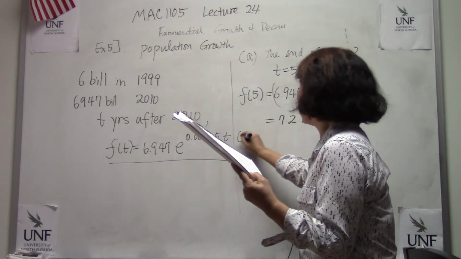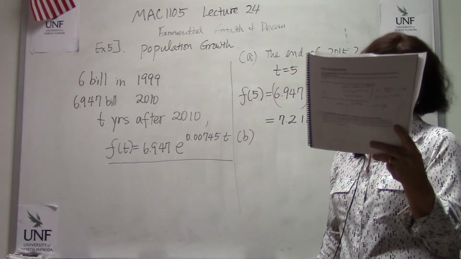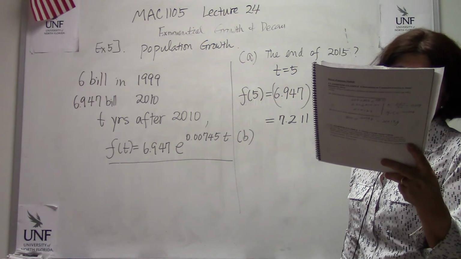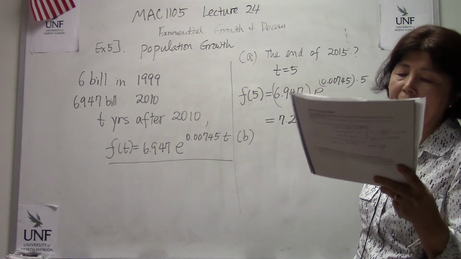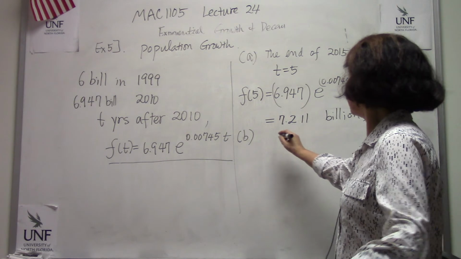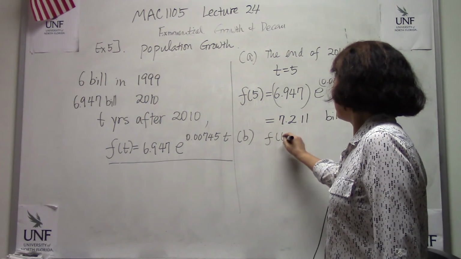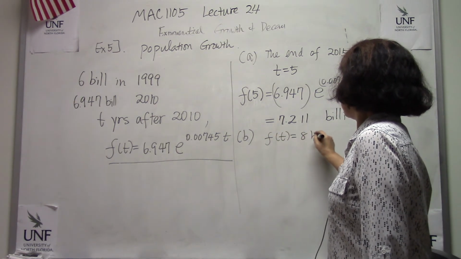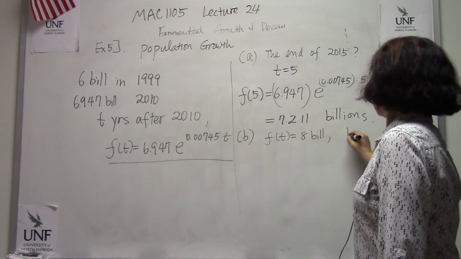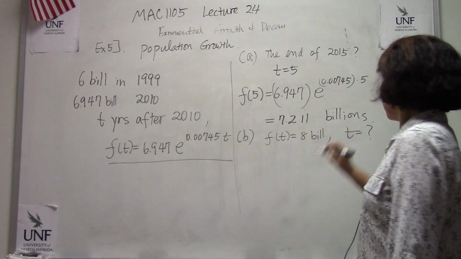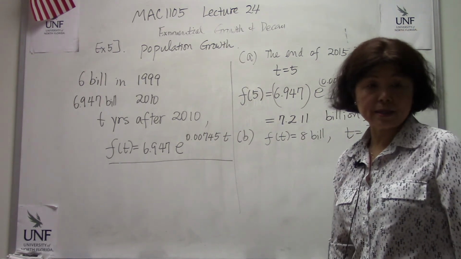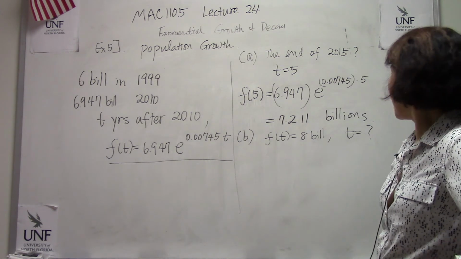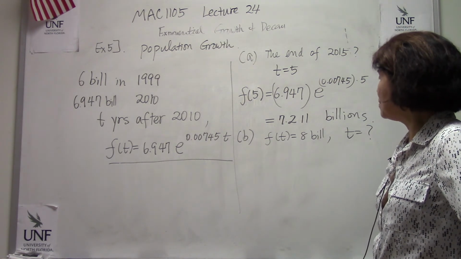So B is a more interesting case. In what year will the population reach 8 billion? In other words, f of t equals 8 billion, and of course, what is the value of t? So how are we going to compute that?